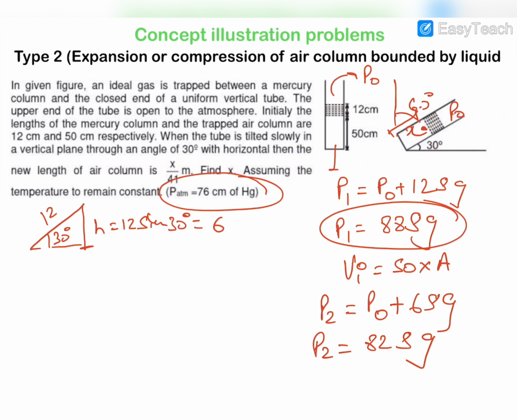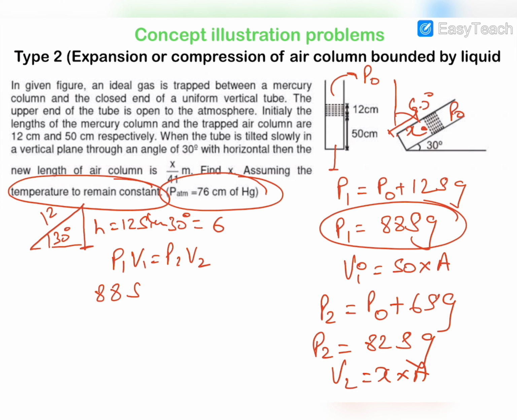And we can say that the new volume V2 will be equal to x into area. And considering that it is an isothermal process, which is also given in the question, we can write P1 V1 will be equal to P2 V2. So 88 rho g into 50A will be equal to P2, which is 82 rho g into xA, cancelling A and rho g.